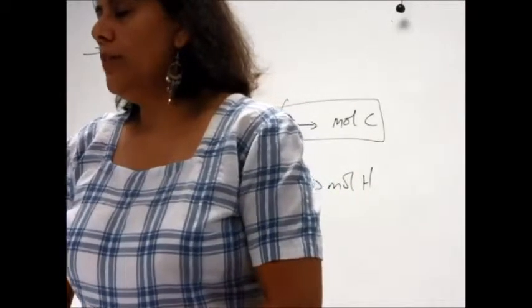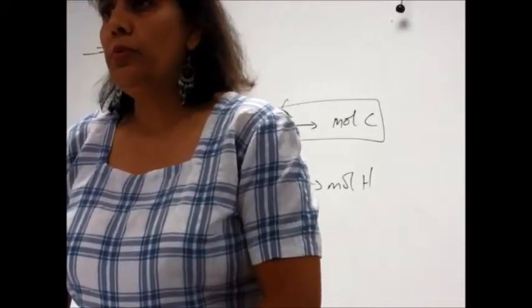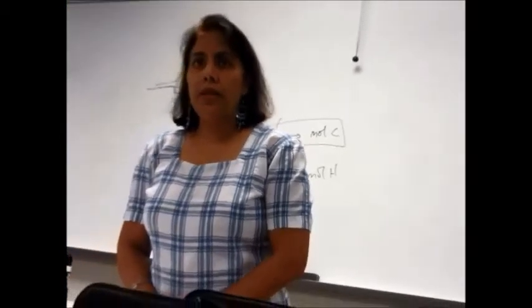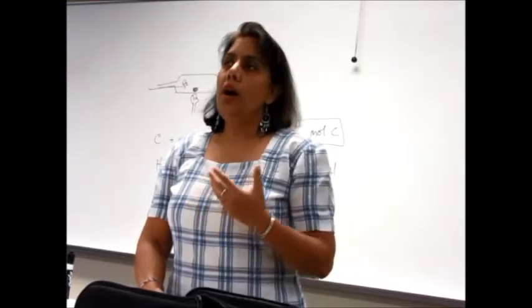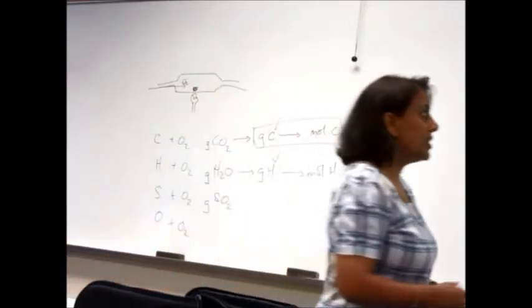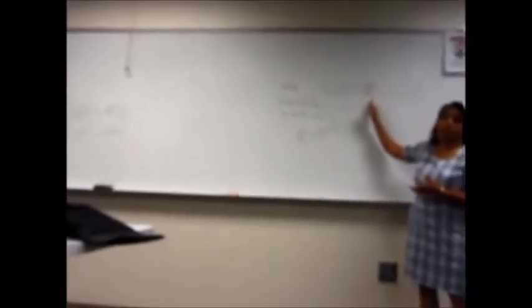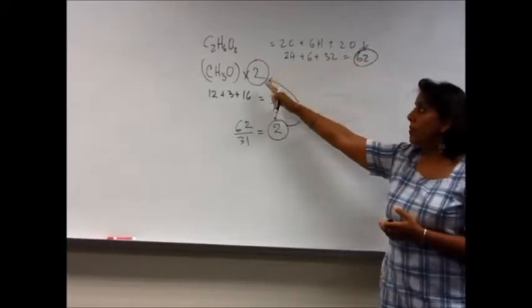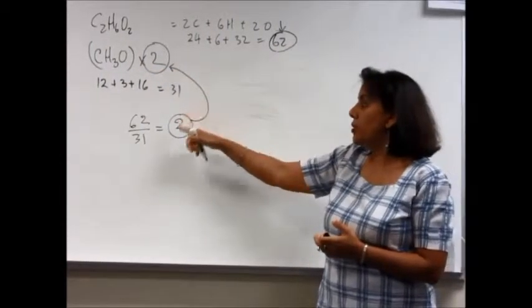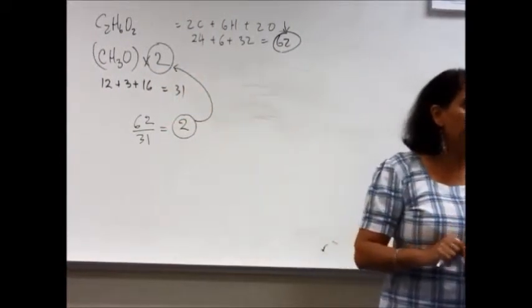One of the things that we talked about in chapter 2 was a mass spectrophotometer. Do you remember that? We talked about how they figured out the isotopes that you have. A mass spec is going to tell you this number. You put your compound into a mass spec, and it will tell you the mass of your compound. Once you know the mass of your compound and the empirical formula, that's when you know what integer you have in there.